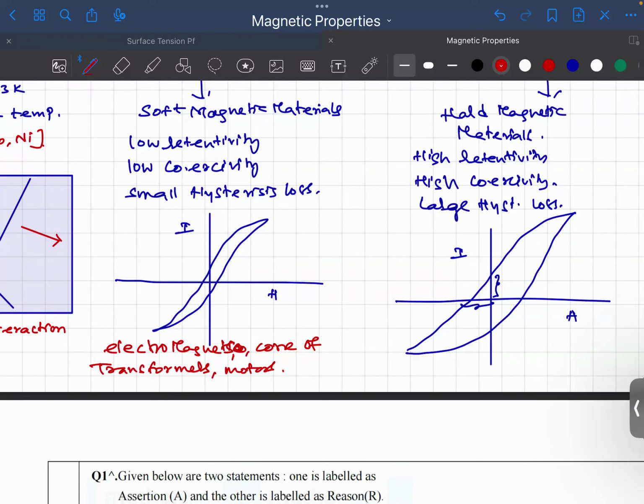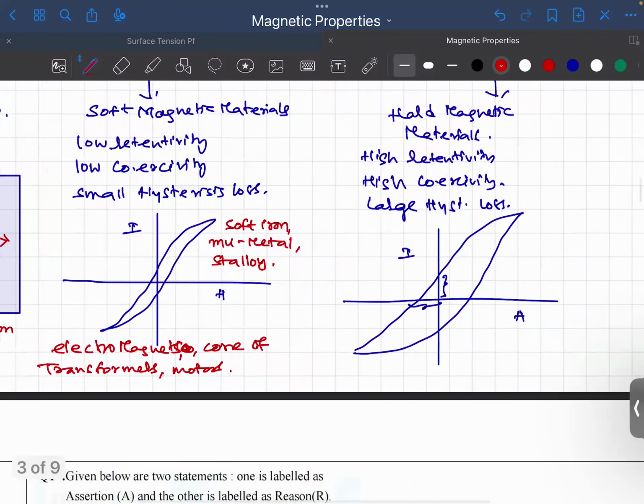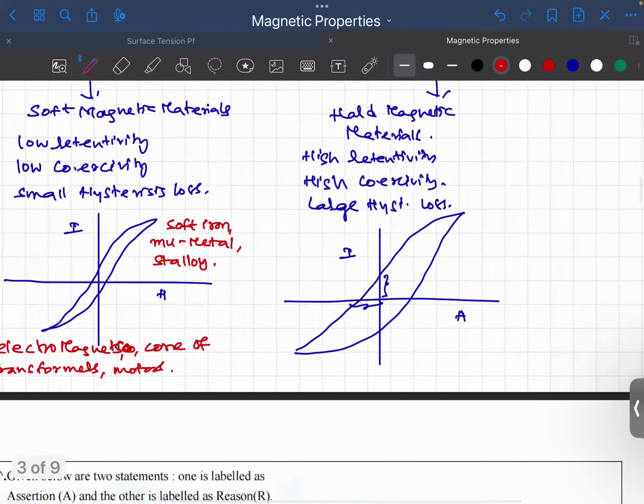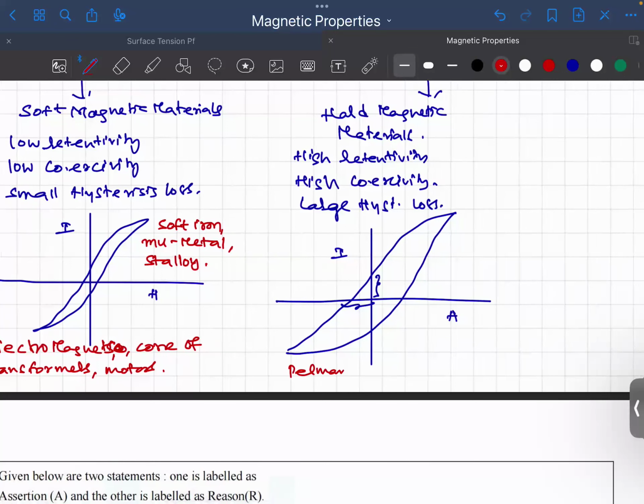So what are examples for this? Soft iron is one example. There is a metal called mu metal, stelloid. These are examples of ferromagnetic materials which come under soft magnetic materials. Whereas for permanent magnets in speakers, you require this.